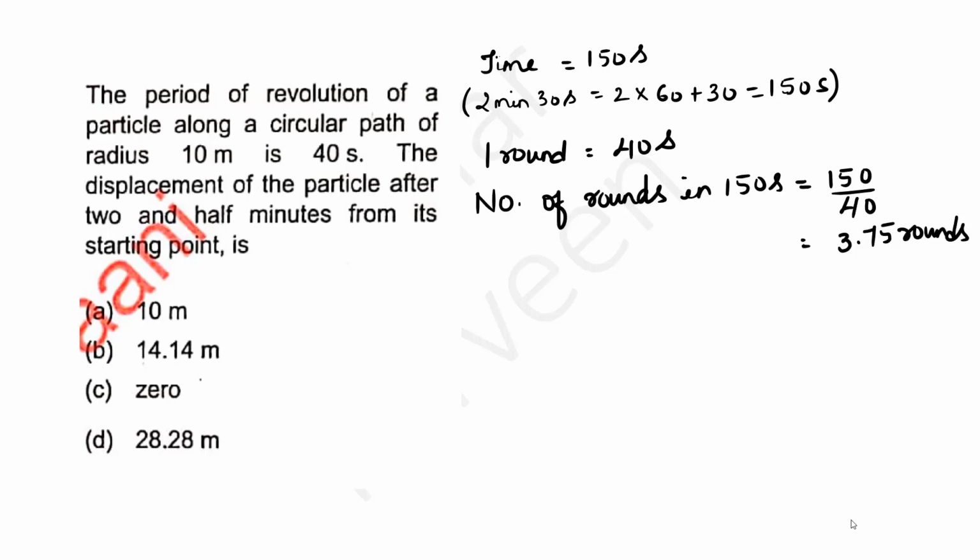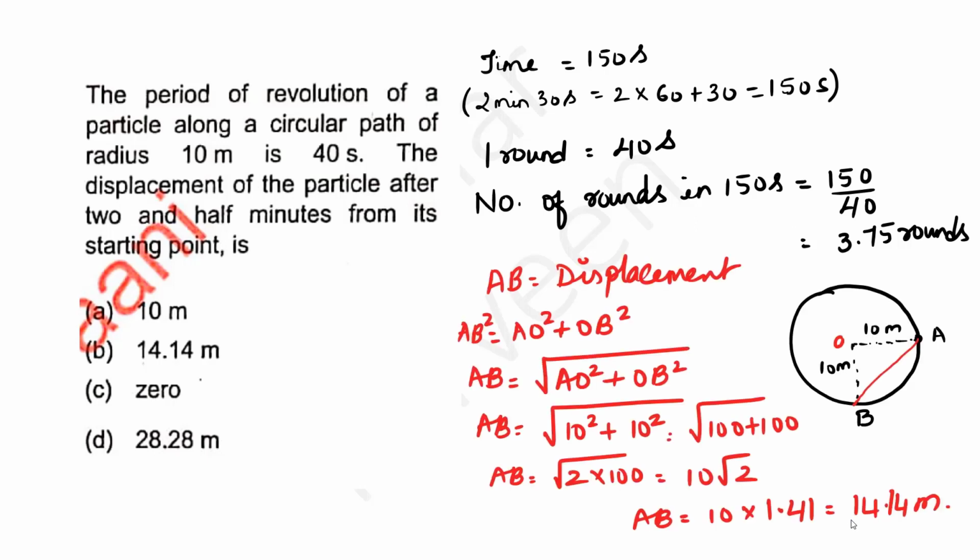Now, you can find the number of rounds travelled by the body or that particle. For one round, they are telling 40 seconds. Then in 150 seconds, how many rounds it will have covered? You do it 150 upon 40. You get 3.75 rounds. So, imagine a circle.